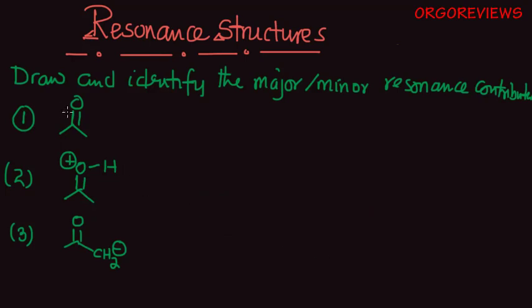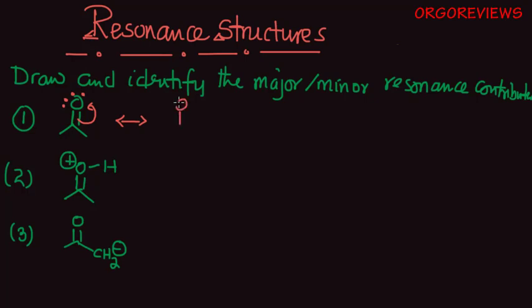In these examples, we're going to draw and identify the major and minor resonance contributors. Number 1 is acetone. You have 2 sp2 hybridized groups. So you have this oxygen and that carbon. So we can move some electrons. So if you move this pi bond onto this oxygen, which already has 2 lone pairs of electrons, you're going to get the first contributor for this structure.